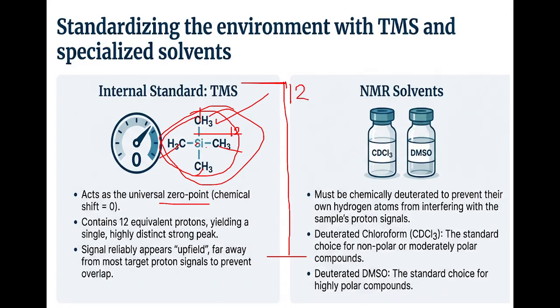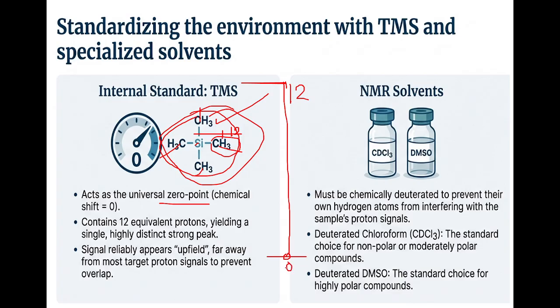And because they are all fully shielded, why? Because there is no benzene ring, there is no oxygen, nitrogen, fluorine, chlorine, bromine, or iodine next to it. So these hydrogens are fully shielded. Fully shielded means they are really upfield, the most upfield hydrogens you can find. Therefore, we call it 0 ppm.